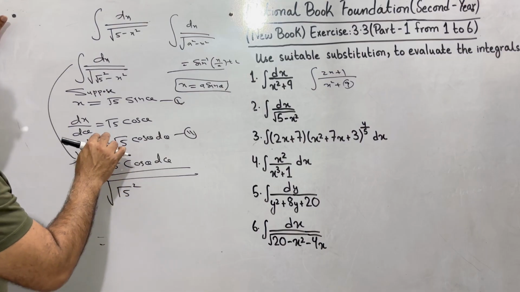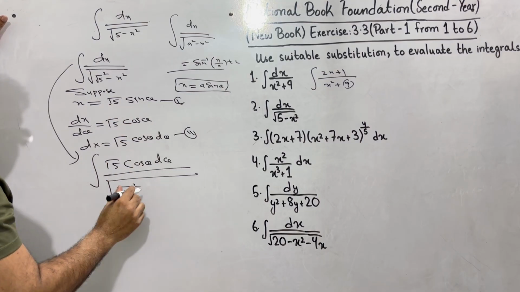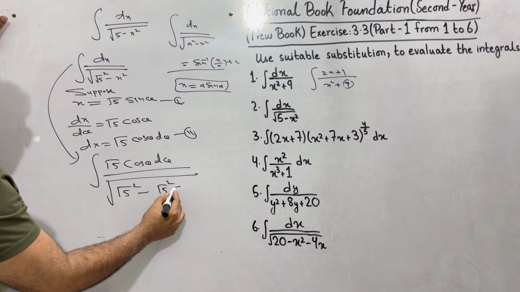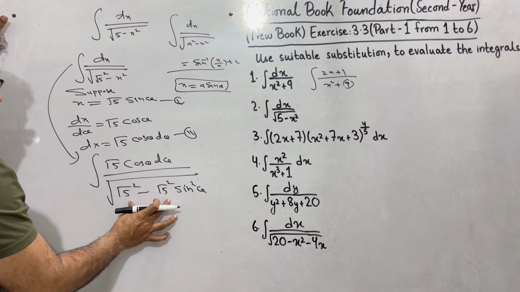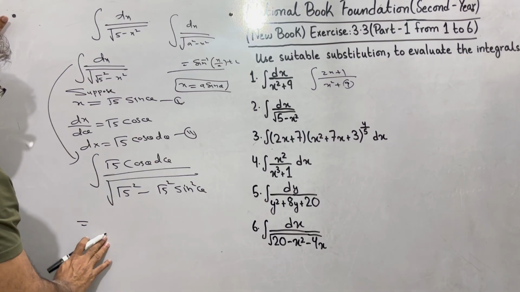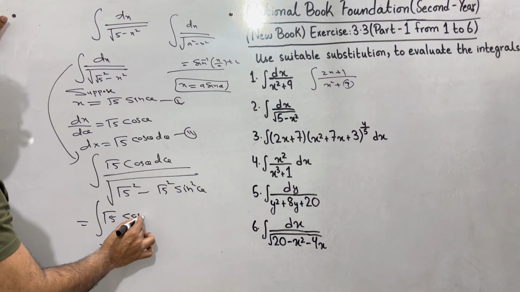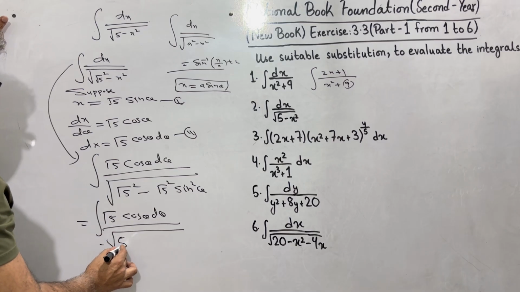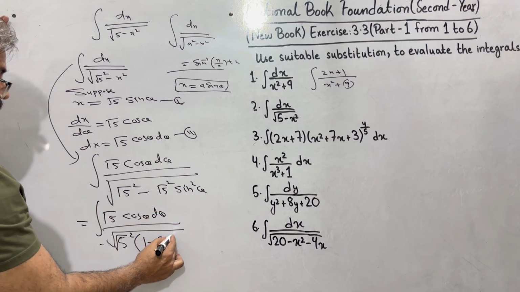We have assumed x is equal to root 5 sine theta, so x square gives root 5 square sine square. Taking root 5 square common, we have root 5 cos theta d theta over root of root 5 square common, what remains is 1 here, 1 minus sine square.